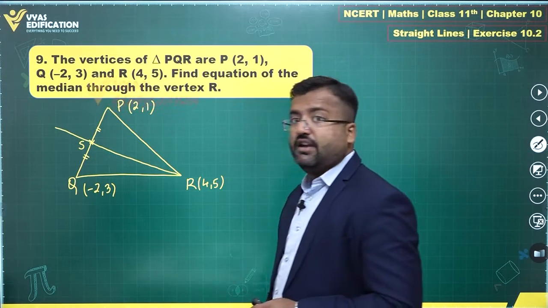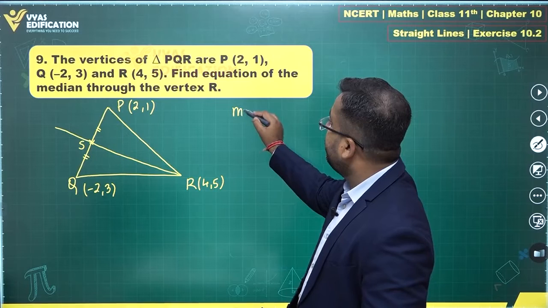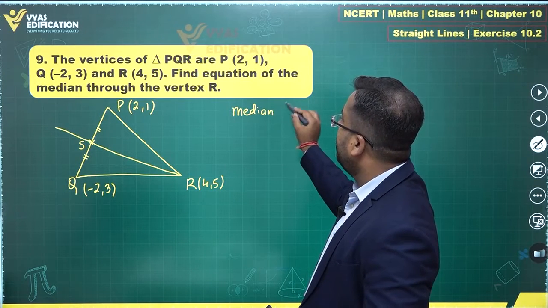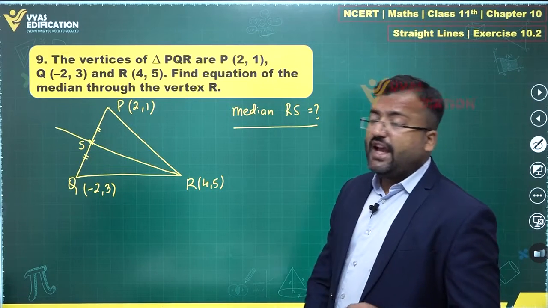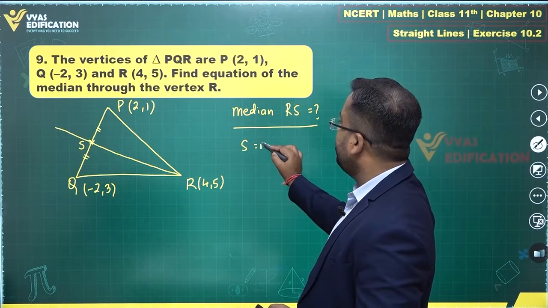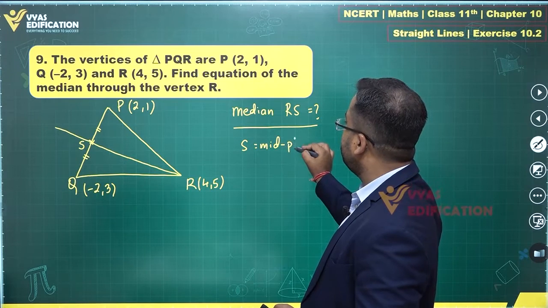This is important, right? So median RS is the question being asked. And for that, S, the midpoint of PQ, is supposed to be found first.